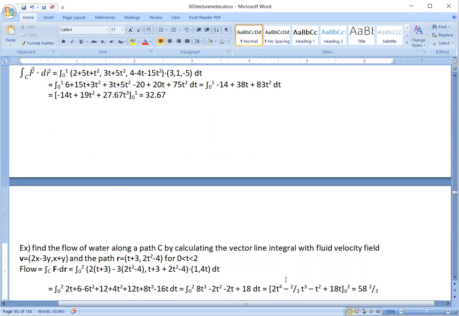And evaluate it as t goes from 0 to 2. Plug it in, and you get 58 2/3. And then that's a flow integral. So there's different applications depending upon what your vector field actually represents.